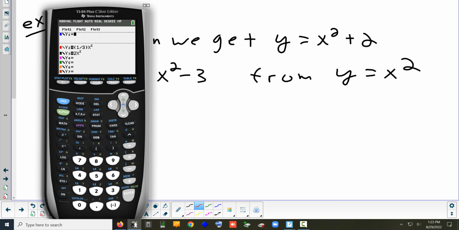So let's try putting in y equals x squared. And then let's do x squared plus 2. Let's see if it shifts up and down or left and right. Here's the original. There's the plus 2. How did it shift?